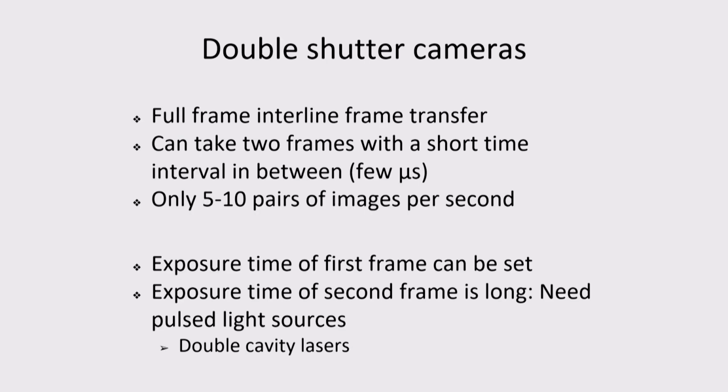And then there are two ways you can do these PIV measurements. One is double shutter cameras. These can take two frames in a short time. So I have continuous illumination, and I take two images in a short time.